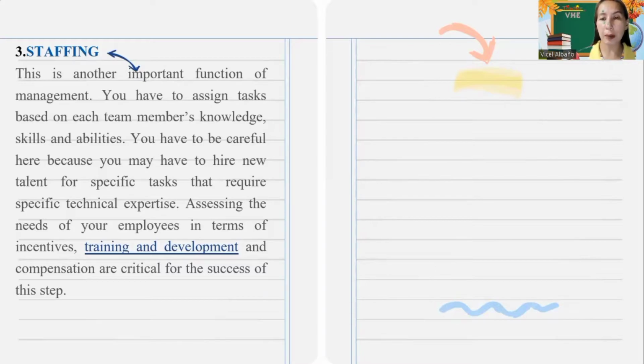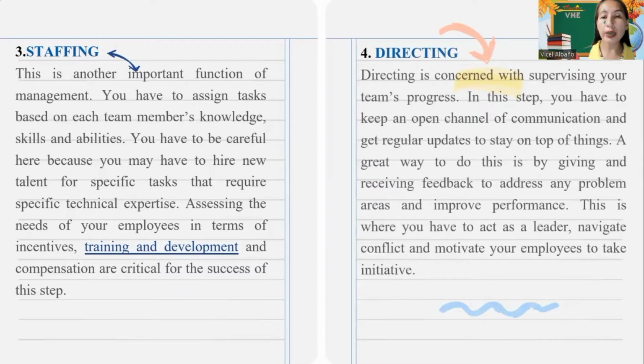Okay, directing. So directing is concerned with supervising your team's progress. In this step, you have to keep open channels of communication and get regular updates to stay on top of things.